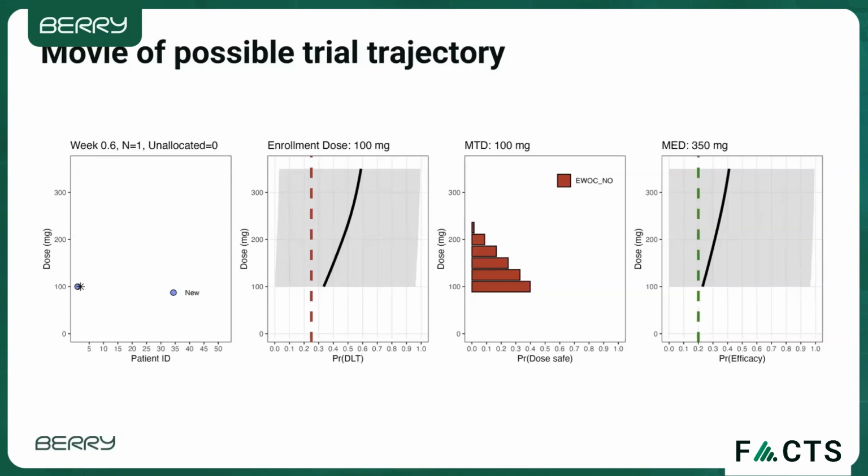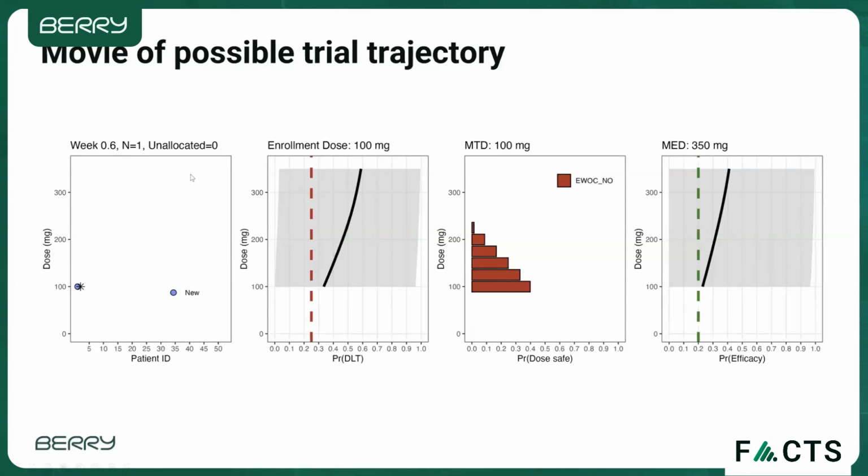Then the third plot is only to show what we currently think about the doses in terms of whether we're sufficiently sure they're safe or not. So in the beginning, we know nothing. So they're all experimental. They're all red. I mean, we start with 100 milligrams, but we don't yet know whether this is safe or not. And then the plot on the very right shows the dose efficacy, the estimated dose efficacy relationship. And again, here you can see that this is an extremely vague prior.